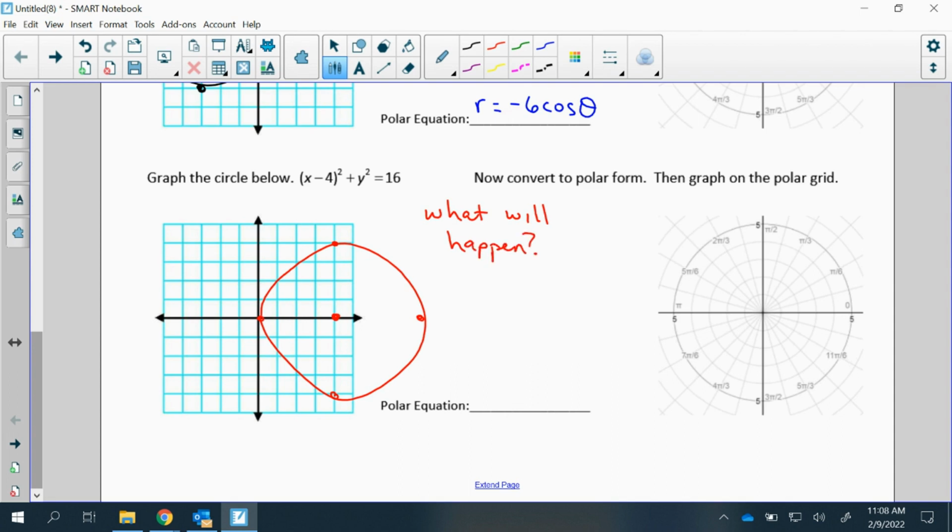My narration is a little bit ahead of my writing since I didn't have a microphone when I was writing it. r equals 8 cosine theta is my polar equation, and it would end up looking the same on the polar grid as it did on the rectangular grid, except it's going to run off our page.